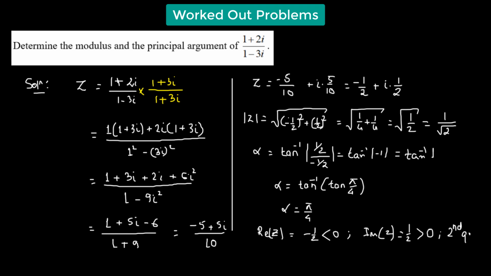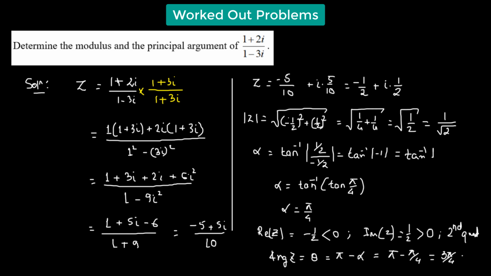Second quadrant means the argument of our complex number z, theta, is simply equal to 180 degrees minus alpha. So that gives us pi minus pi over 4, and the value will be 3 pi over 4. So this is the principal argument of the given complex number.